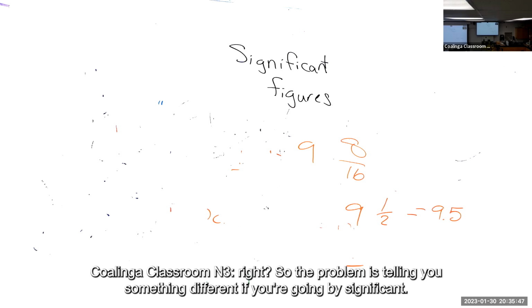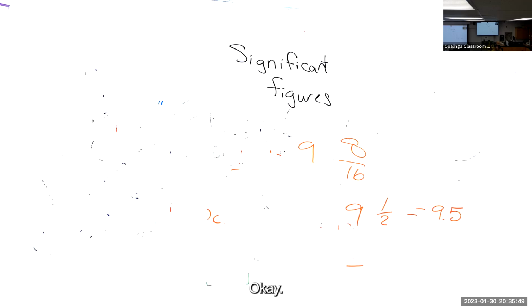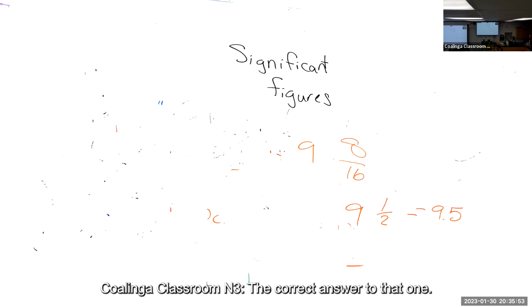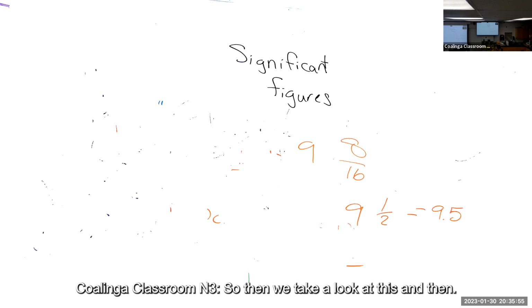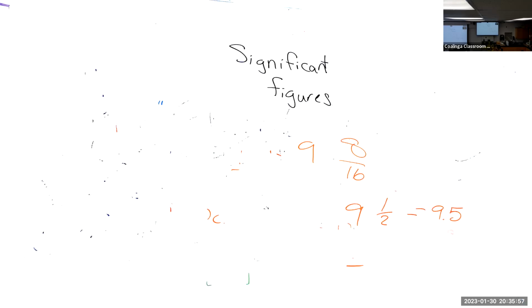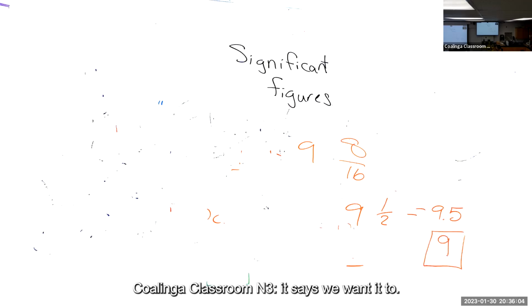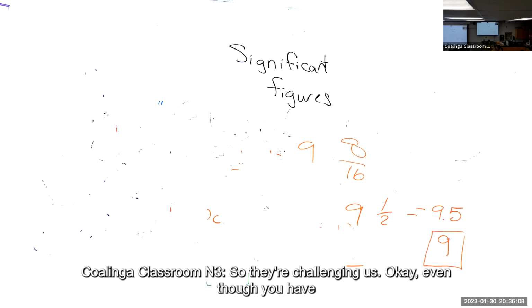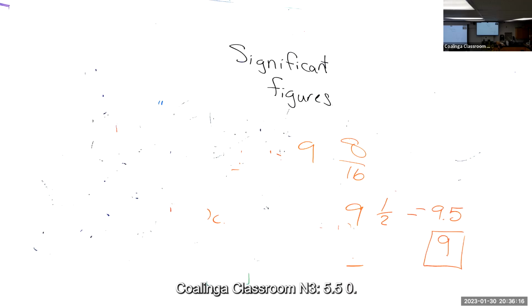If we were going by significant figures only, the correct answer should have 1, so the answer would be 9. But if you read the rest of the problem, it says we want it to the 100th place. So even though you have sig figs, they really want it to the 100th place. So my answer should be 9.50.